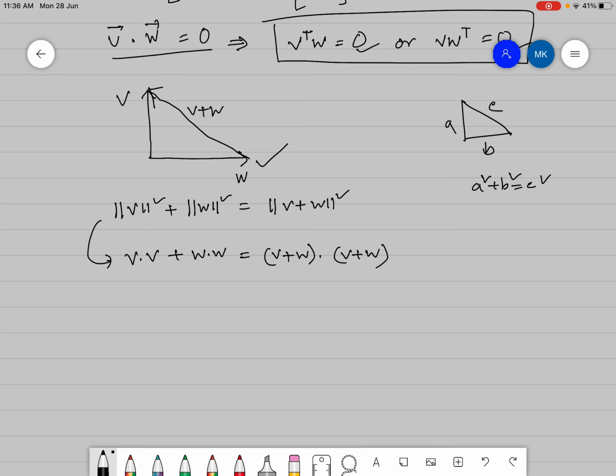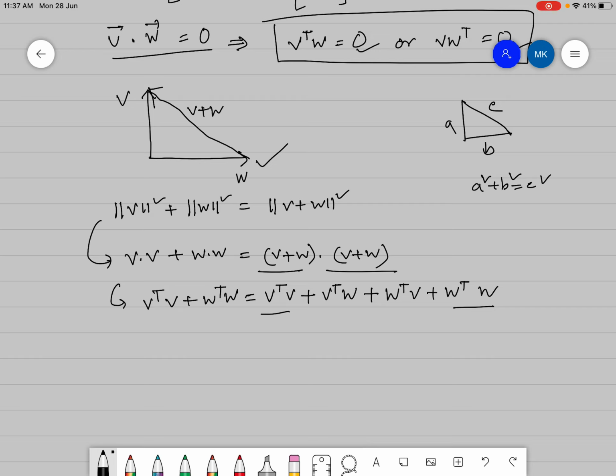This can also be written as v transpose v plus w transpose w equals v transpose v plus, applying the rule of distribution, v transpose w plus w transpose v plus w transpose w. If you take these things to the left hand side, this addition equals 0.